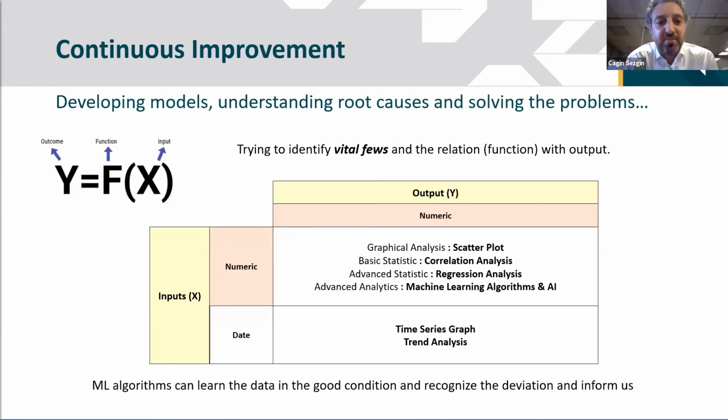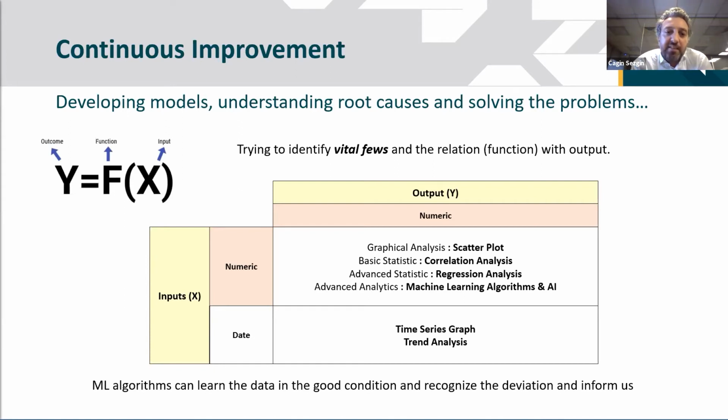And continuous improvement. Again, I come to Y equals f of X. What we have discussed is that we have to make data-driven decisions. We are all technical people. We know that every output is dependent on some input. So we have to identify the vital few. We call them the vital few in Six Sigma.